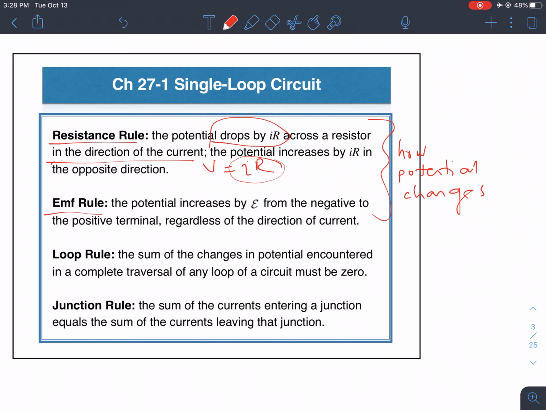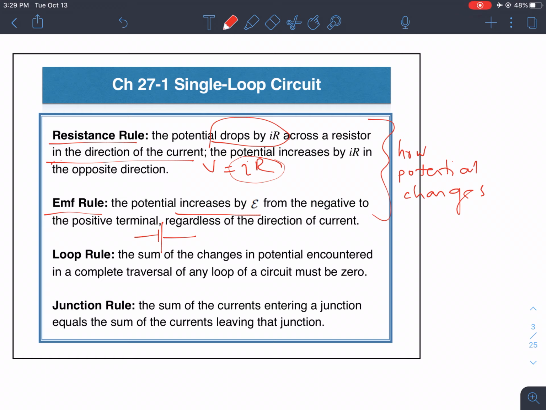And the next one is the EMF rule, and this is again when we have an EMF source like a battery or a generator. So here the potential increases by EMF, E, from the negative to positive terminal. Okay, so you have that battery, let's do a battery figure here.